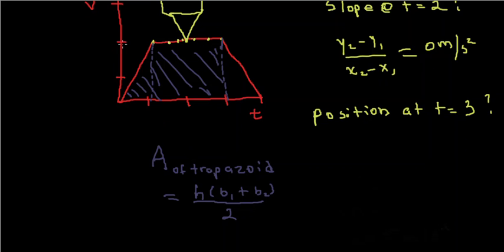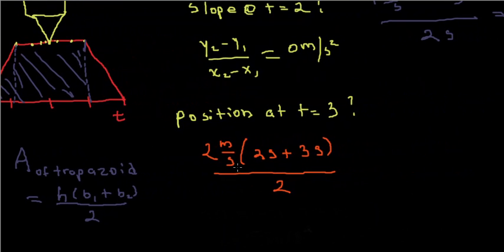So what's the height? Well, 1, 2, so we have 2, and don't forget our units, meters per second, times base 1. Well, let's pick the top one, right? So from 1, 2, this is going to be 2 seconds plus 1, 2, 3 seconds over 2.